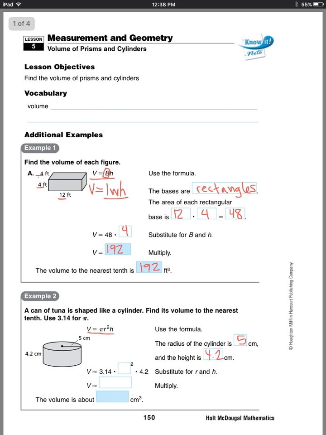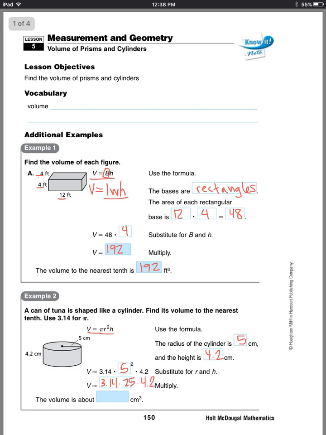Now that's a little bit easier to see what the radius and the height are compared to a figure that has multiple numbers that you don't know if you need to use all of them for. So we are going to be doing 3.14 times the radius squared. The radius we said was 5, so we're going to substitute the 5 for the radius times 4.2, which is the height. Then we need to do 3.14 times 5 squared, which is 5 times 5, which is 25, times 4.2.